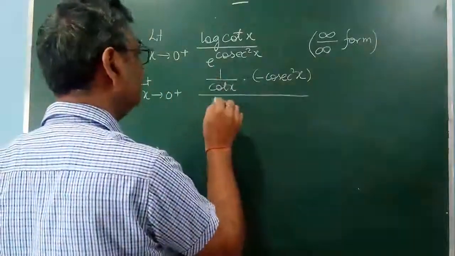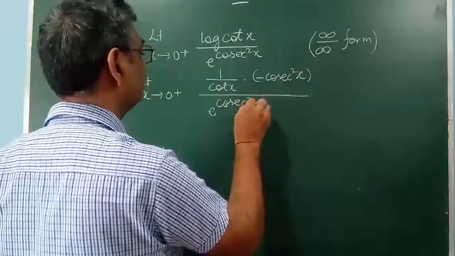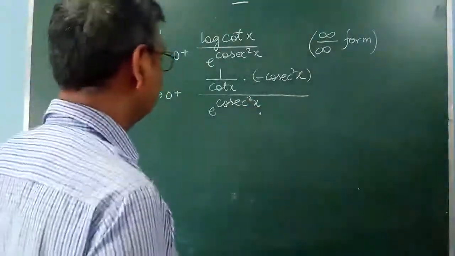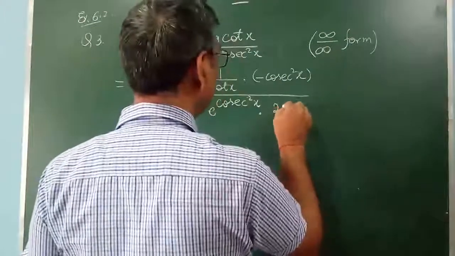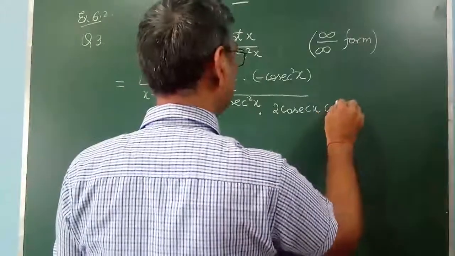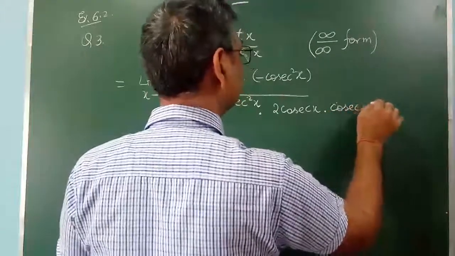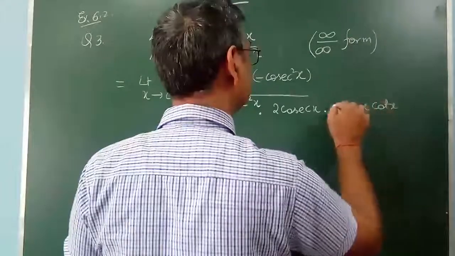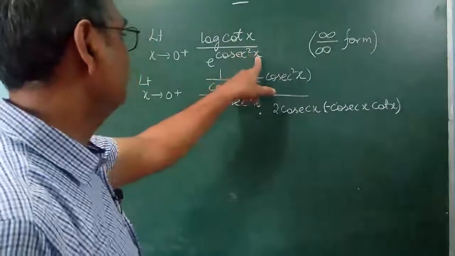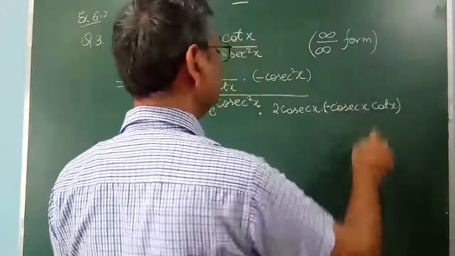Here e to power cosec square x into 2 cosec x into differentiation of cosec square x, which is 2 cosec x into minus cosec x into cot x.